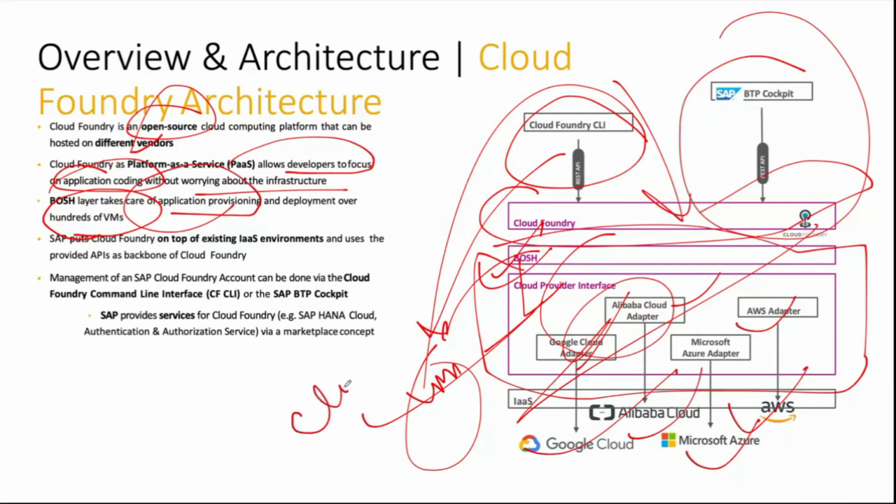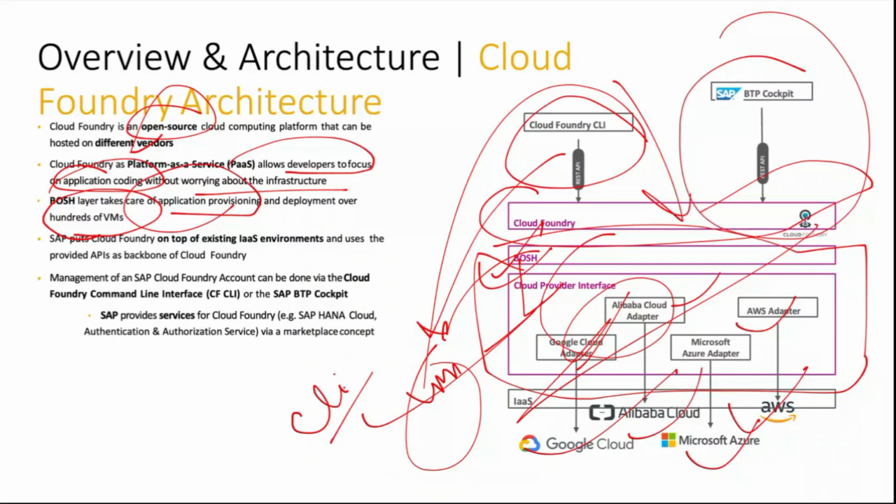CLI is basically the command line interface. What is a command line interface? You put in some command and perform an action on Cloud Foundry, so you don't need to do any manual steps. For example, if I have to bind these services, I have to go here, click create, choose the application, and then bind it, manually.